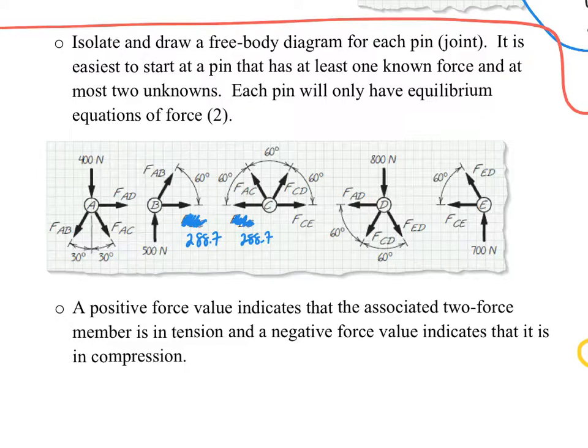No. And then FAB, what did that turn out to be again? Negative 577.4. And the negative is important. Remember to put it there, please. So that's what we know now.